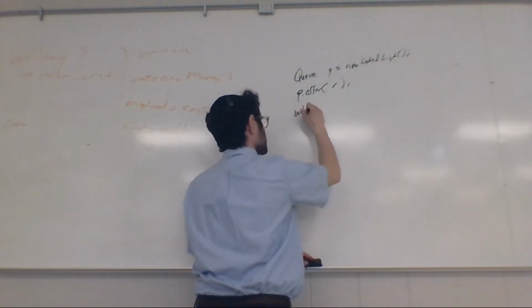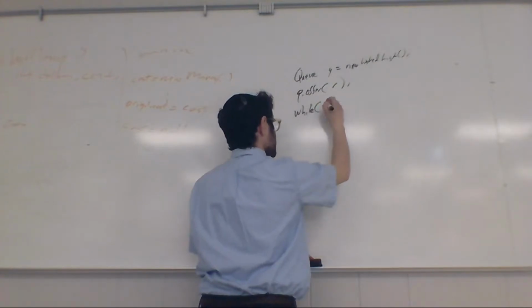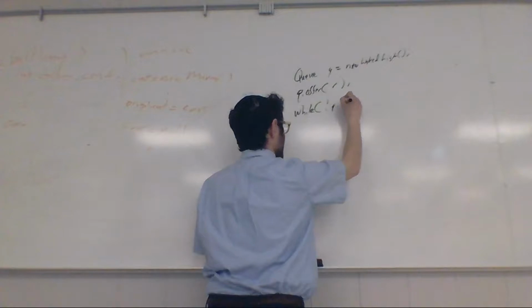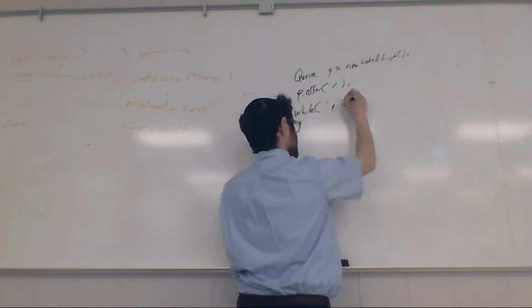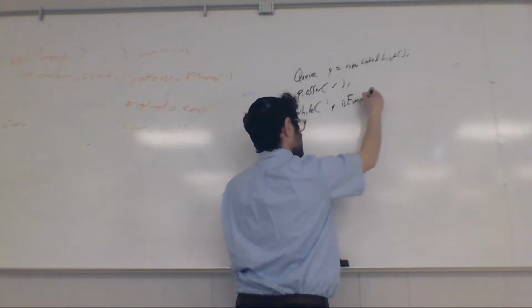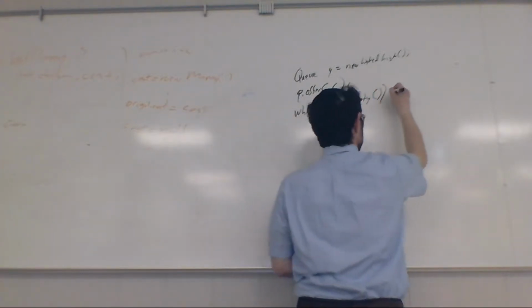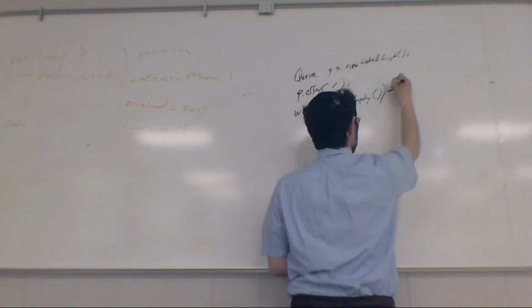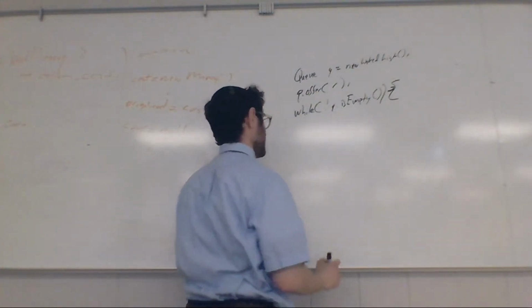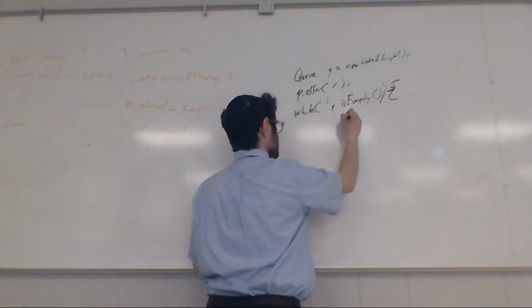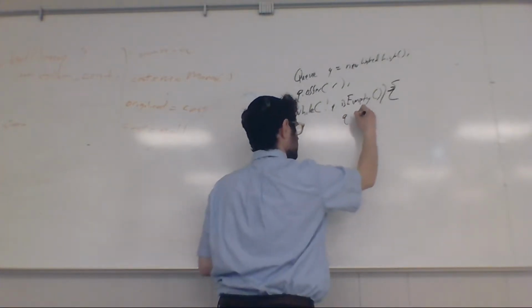So now while there's still stuff in the queue, so while the queue is not empty, I think it's actually isEmpty, but I think there's also an empty method. So while the queue is not empty, do the following. Get something out of the queue, so q.poll, P-O-L-L.